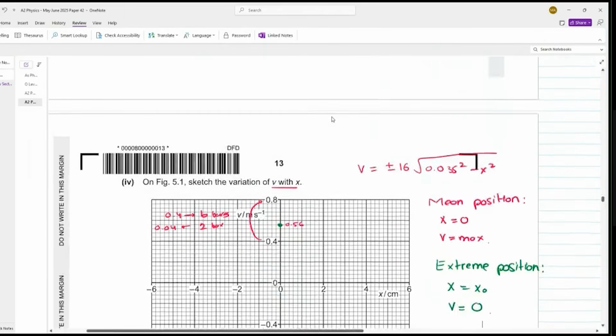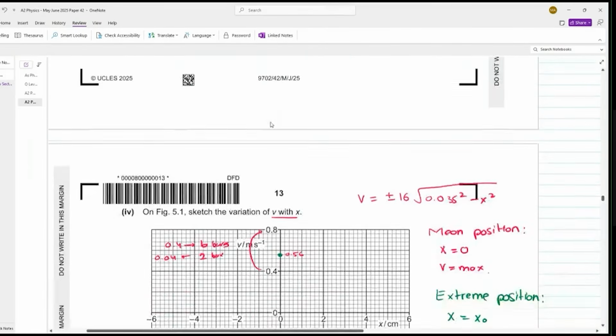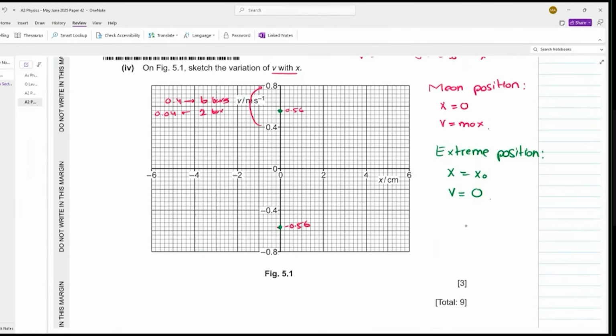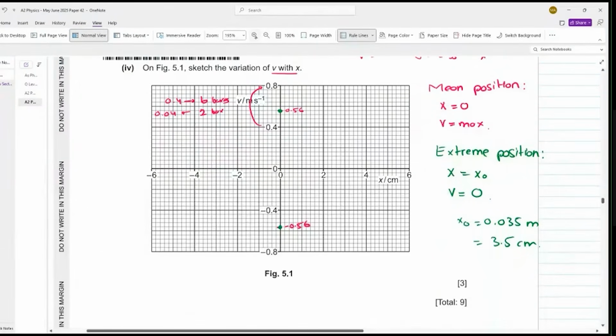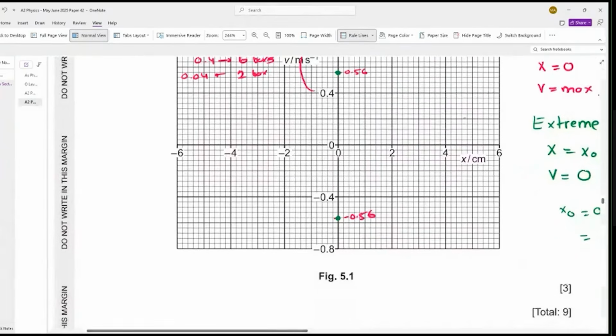Can anyone tell me? 0.035 meters. x naught is equal to 0.035 meters. Can you convert it into centimeters? Yes, 3.5 centimeters. Okay, so at 3.5 centimeters, your velocity will be zero.